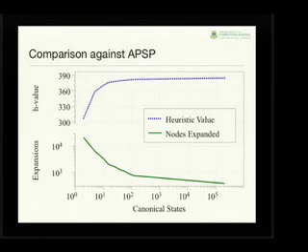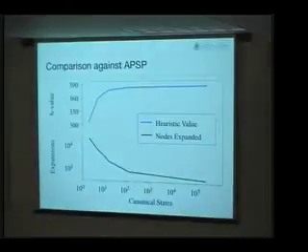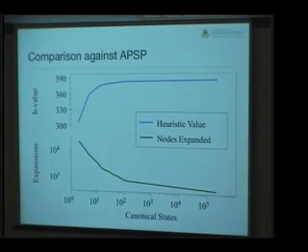We ran experiments up to 125 canonical heuristics, and I just interpolated the results beyond that, as if you had the full all-pairs shortest path data. Notice first, this is a logarithmic curve here, so the number of canonical states is quite large.